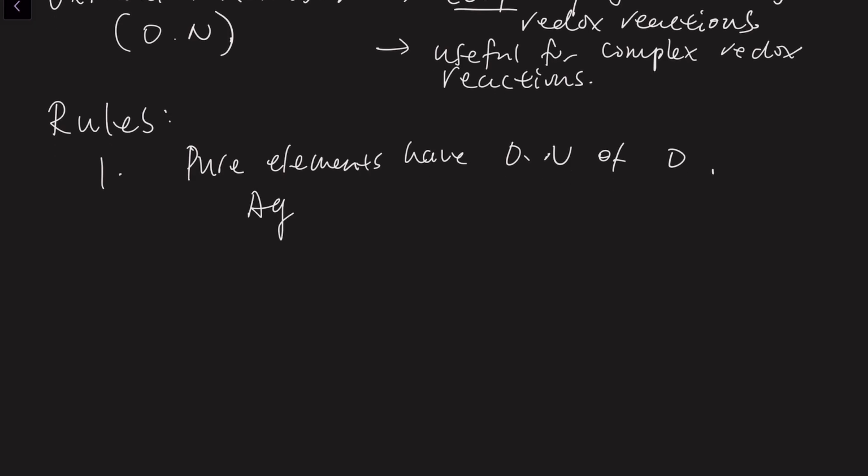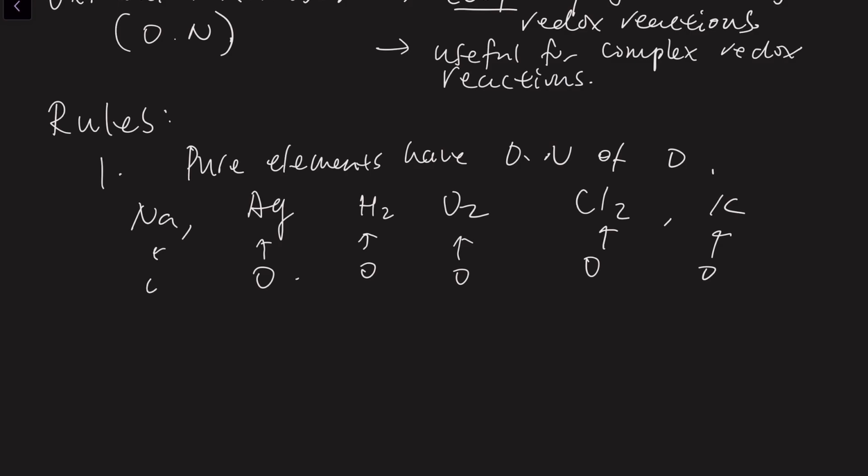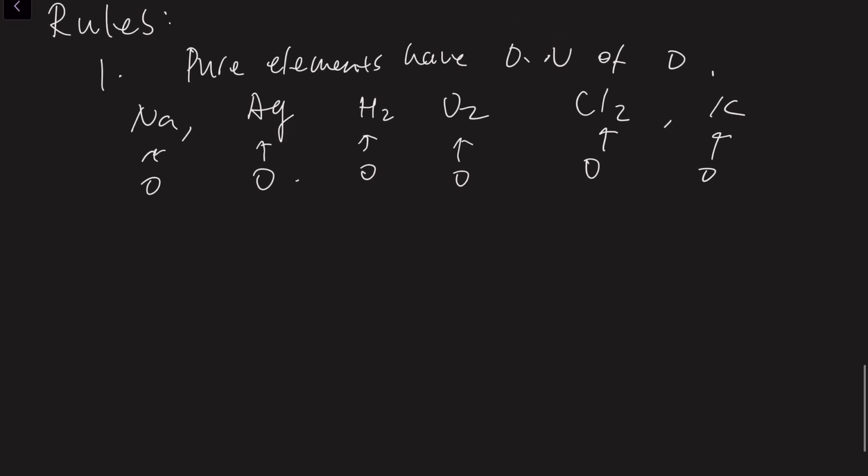The silver atom, hydrogen gas, oxygen gas, chlorine gas, all have oxidation number of 0. Anything you can think of, sodium, potassium, all 0. Because they are pure elements.